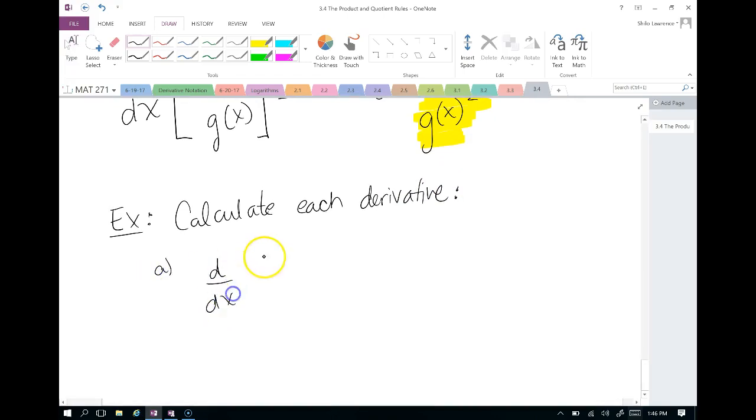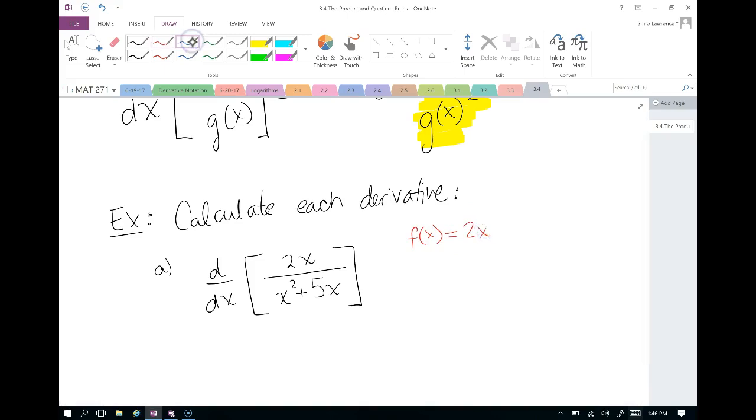So if we are asked to find the derivative for 2x over x squared plus 5x, the numerator is our f of x.